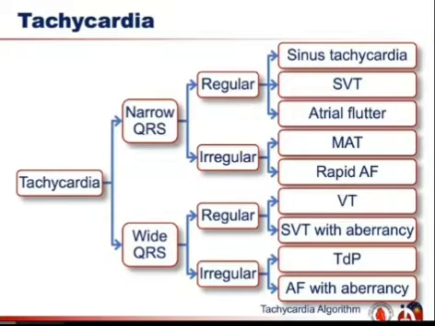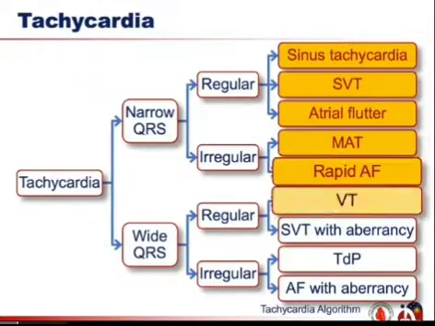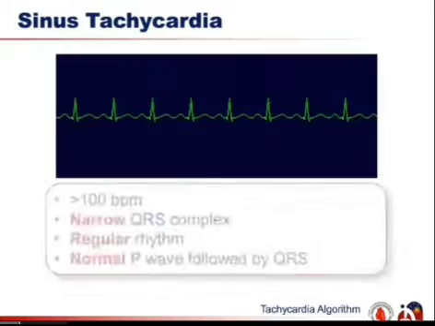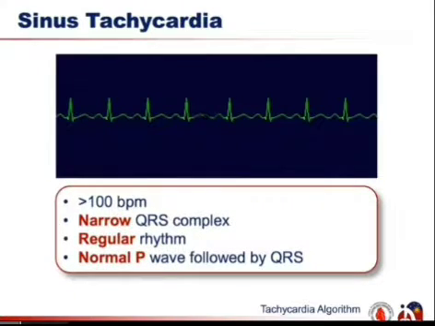Among all the different tachyarrhythmias, we will be focusing on these common ones, and I will walk you through each of these briefly. Sinus tachycardia is by far the most common tachycardia. ECG will show a rate of more than 100 beats per minute, with a narrow QRS complex, regular rhythm, and a normal P wave followed by a normal QRS.